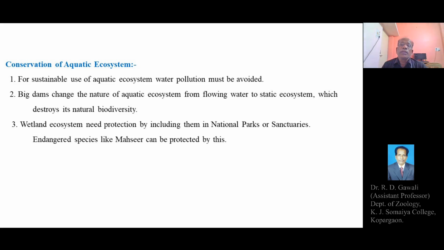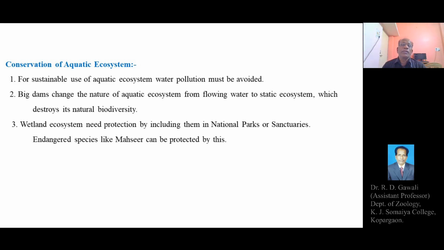We'll have to prohibit or strictly follow certain activities for the protection or conservation of these water resources so that we can use them in the future. So, for the sustainable use of the aquatic ecosystem, water pollution must be avoided.